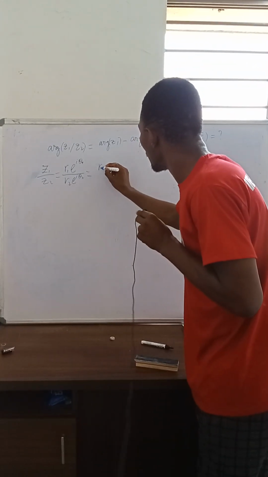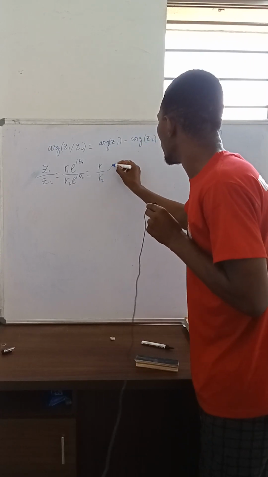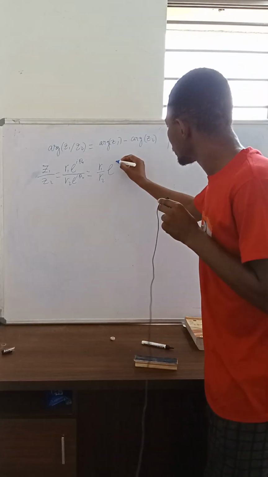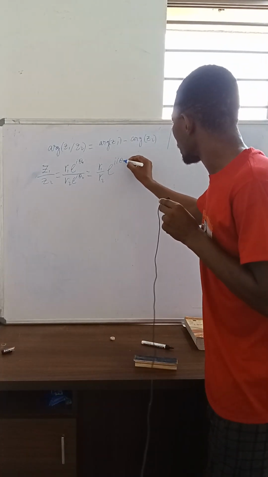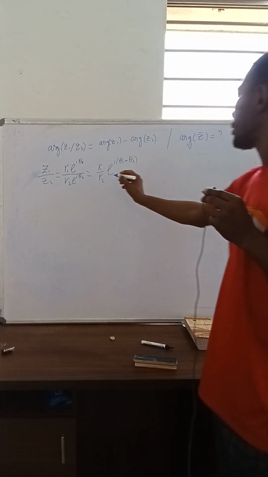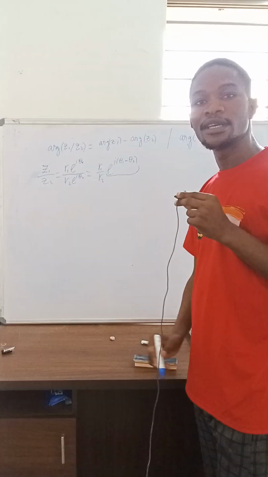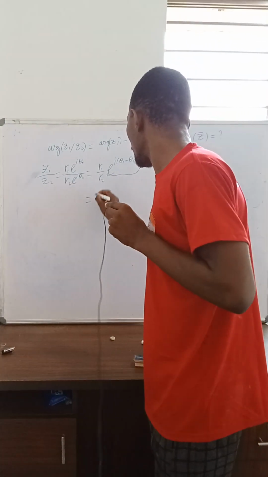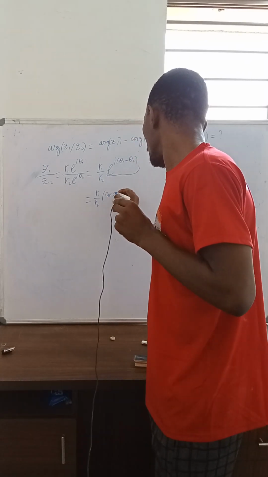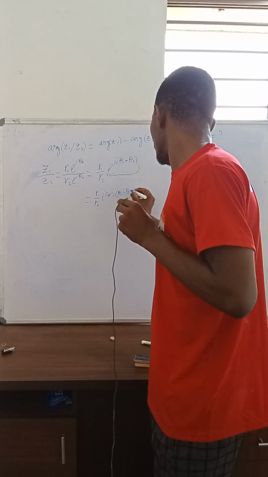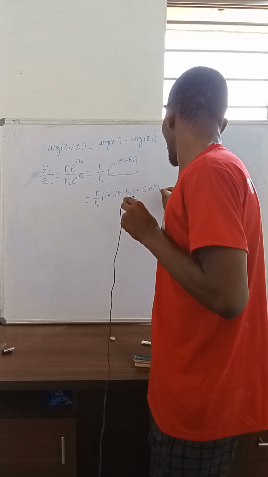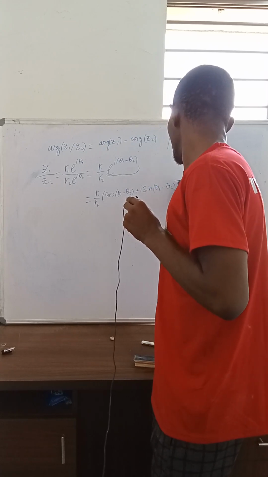So now r1 upon r2, then Euler with the base kept constant and the exponents subtracted, giving i times theta 1 minus theta 2. Now apply Euler's equation to this expression. You're going to have r1 upon r2 times cos of theta 1 minus theta 2 plus i sin of theta 1 minus theta 2.